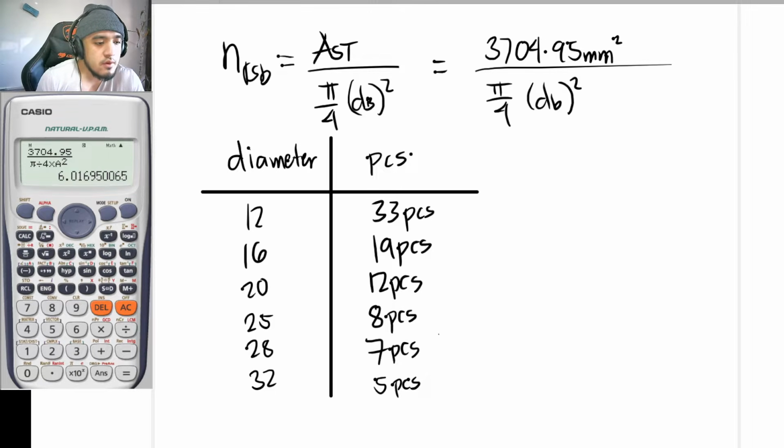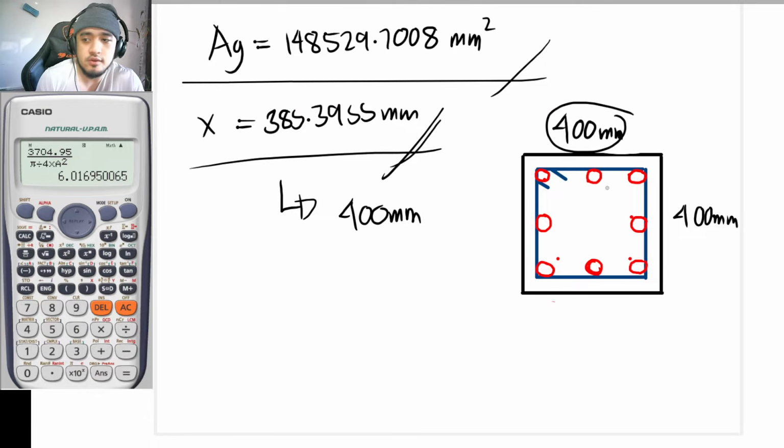Okay. So once again, if you would be making use of 28 mm, and since this is to be our section, for example, it is very hard to lay out 7 pieces of rebars because that is an odd number. So it is better for laterally tied columns to lay out even numbers.